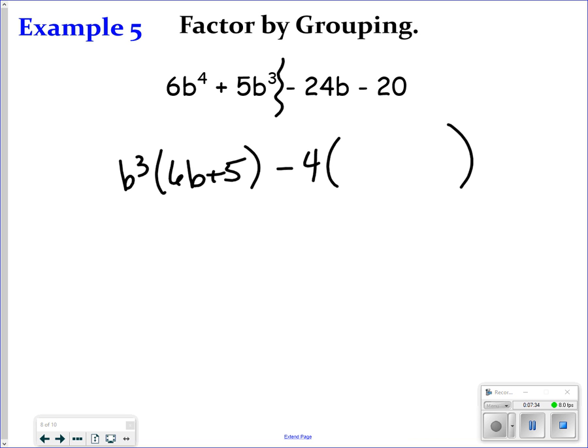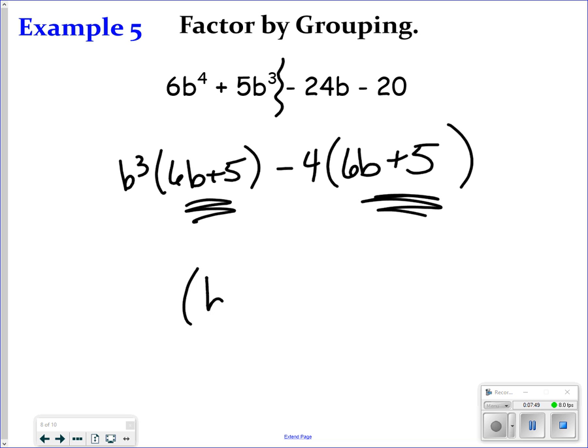So if I divide by negative 4, I get a positive 6b. And if I divide by negative 4, I get a positive 5. So taking out a negative changes the signs for both of them. Look, parentheses are the same. Group the greatest common factors. That should be b cubed. I'll fix that. And keep what's the same in both.